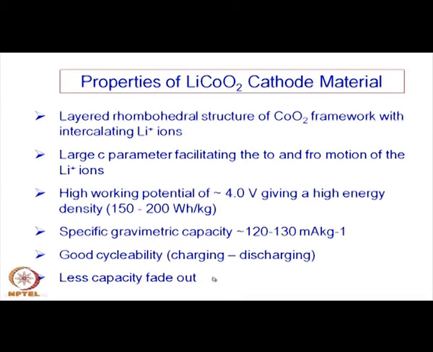That means once again the shelf life is long, and the self discharge is not very high. All these properties depend on both the cathode material and the anode material, but when you use lithium cobaltite as the cathode, these are some of the properties you get.